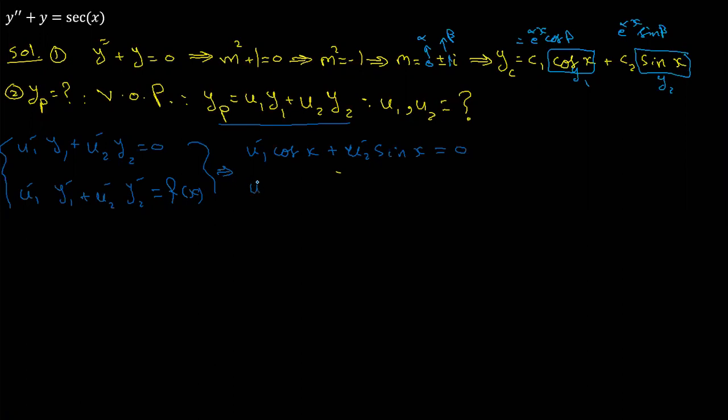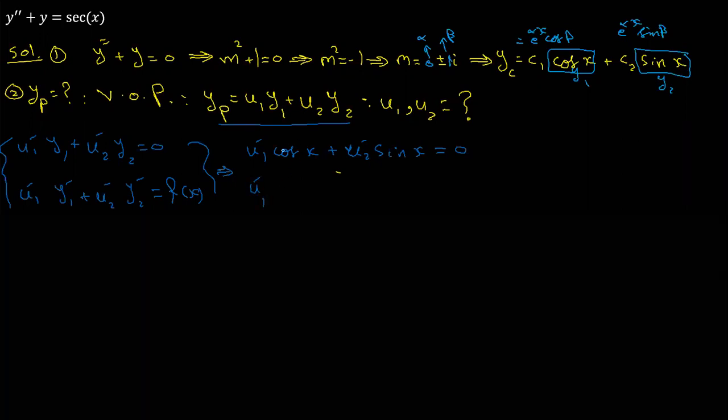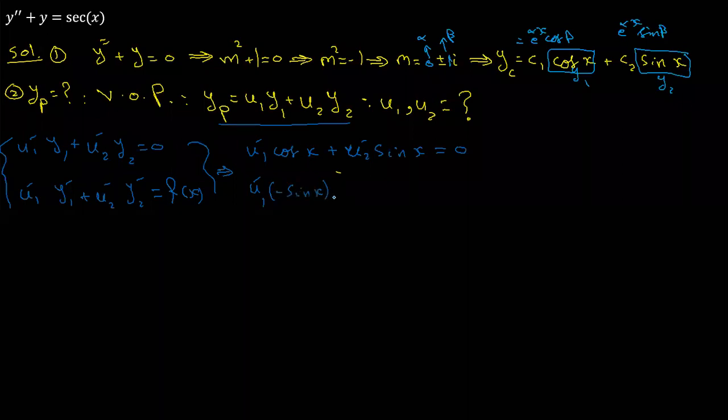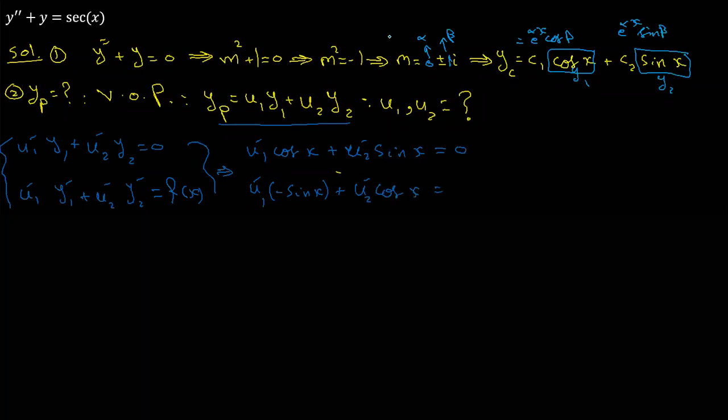In the second equation, u1 prime times the derivative of my y1, which is negative sine, plus u2 prime, derivative of sine, which is cosine x, equals my f(x). Where is my f(x)?